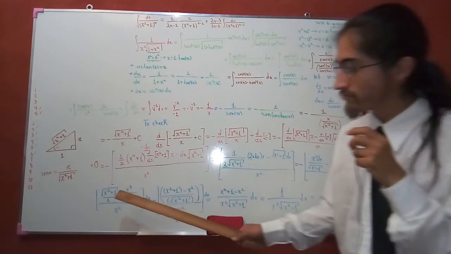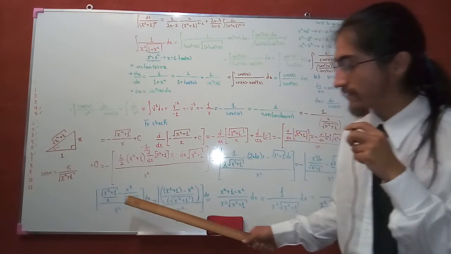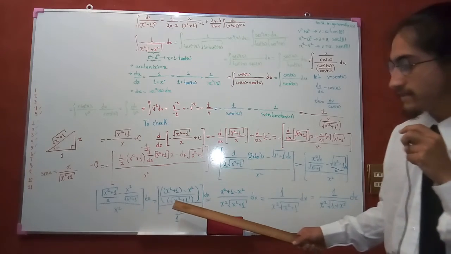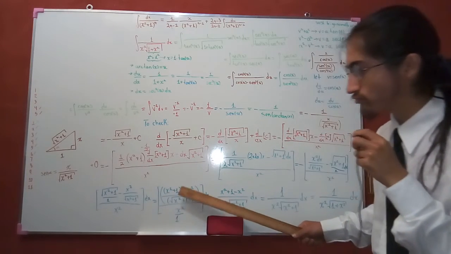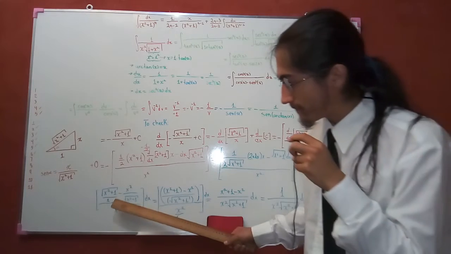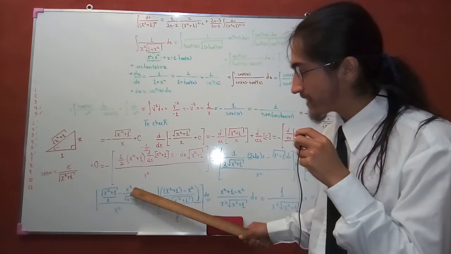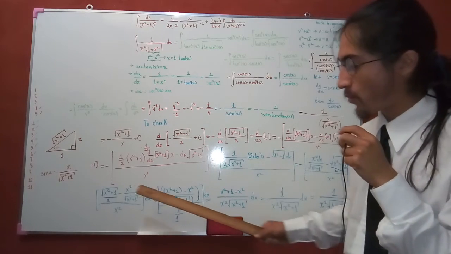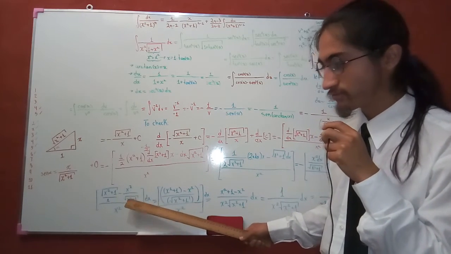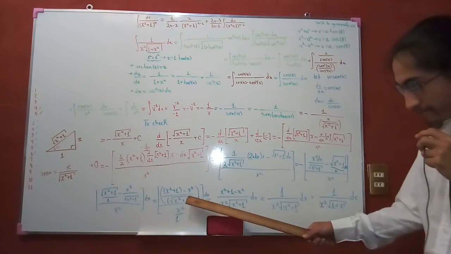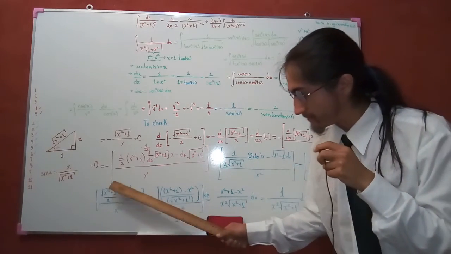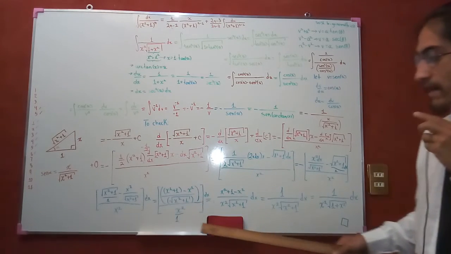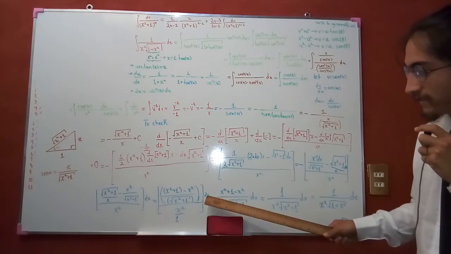So the square root of x squared plus 1 multiplying the square root of x squared plus 1 is equal to x squared plus 1 minus 1 multiplying x squared, and all this number divided by 1 multiplying the square root of x squared plus 1, and this polynomial divided by x squared divided by 1, closed parentheses, dx.